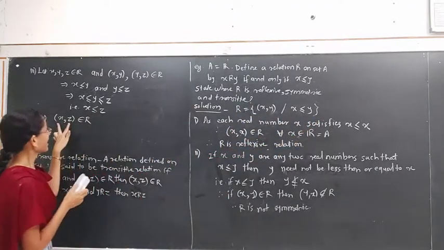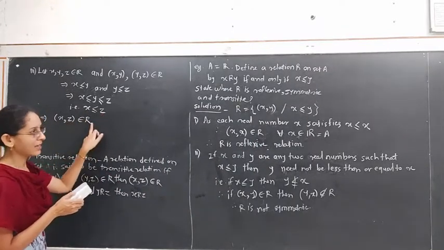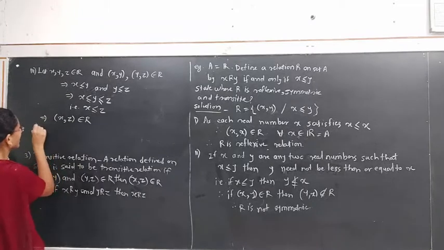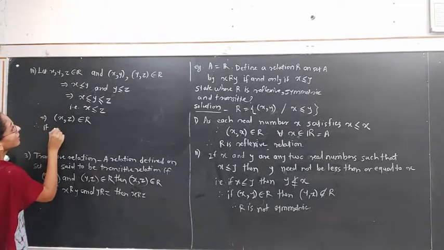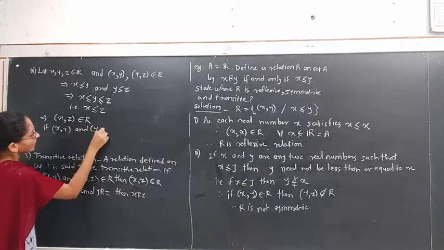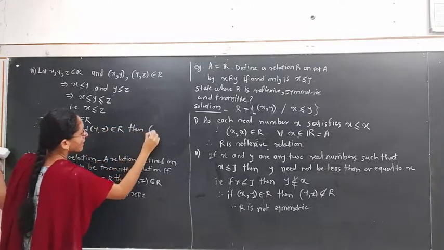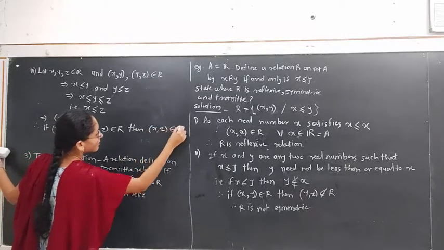Here we are getting x less than or equal to z, hence (x, z) belongs to R. Therefore, if (x, y) and (y, z) belong to set R, then (x, z) belongs to R.